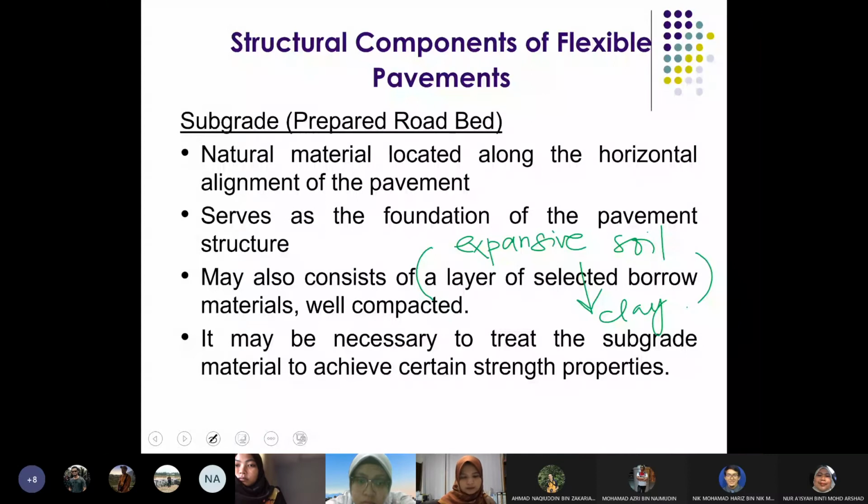JKR usually takes soil from other places, they borrow other material that is well compacted and bring it to the site. When this happens, it takes up most of the budget in economic terms. It is less sufficient, right?